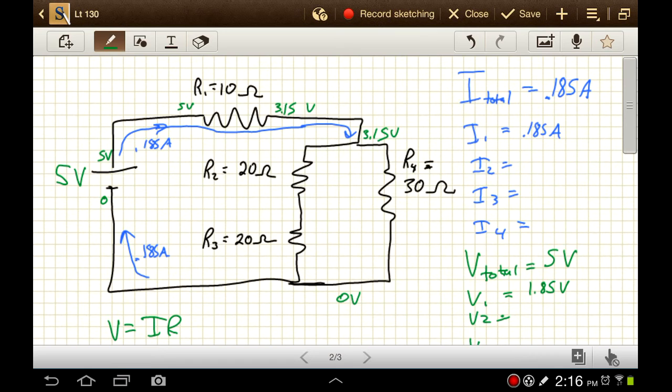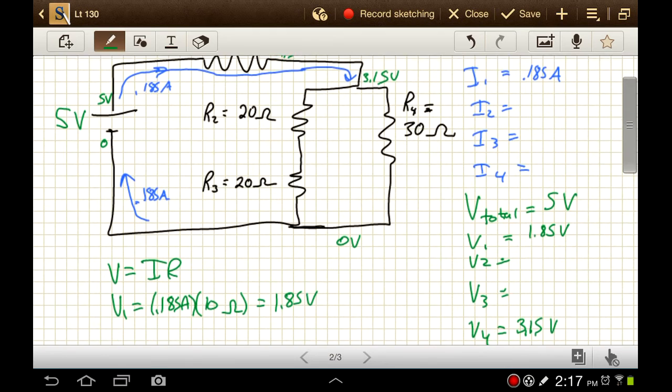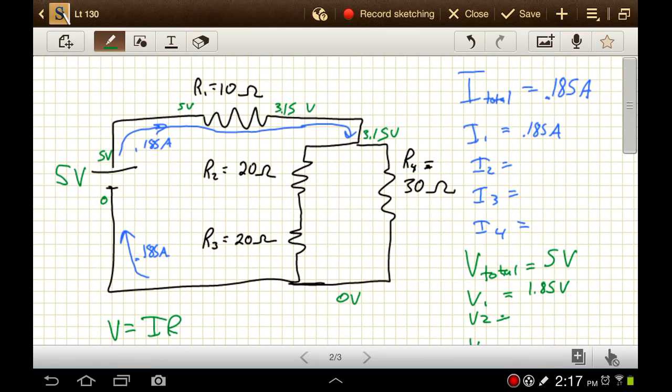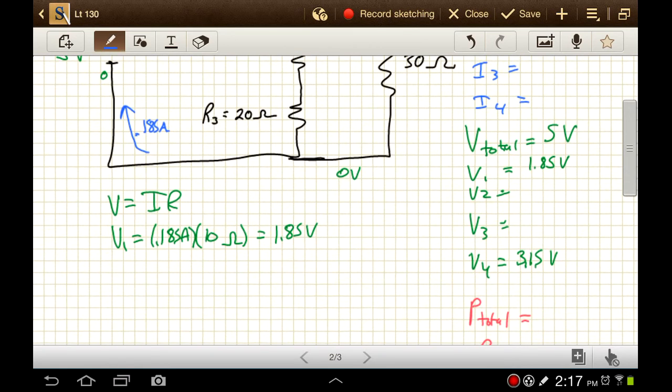All right. Now, if we look at R4, we have both the value for the resistance and the value for the voltage across R4, so we can figure out how much current R4 takes as well. So you see this pattern here? We just keep going into Ohm's law with different setups. As we get to know more and more about our circuit, we can do more and more with Ohm's law.